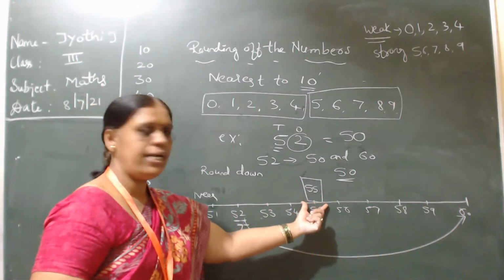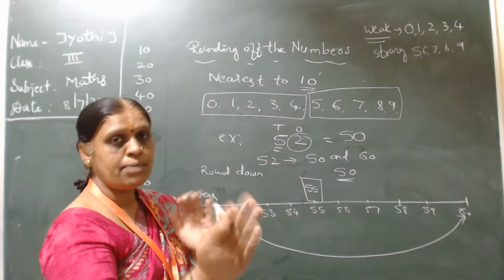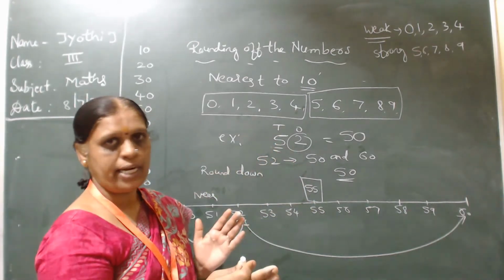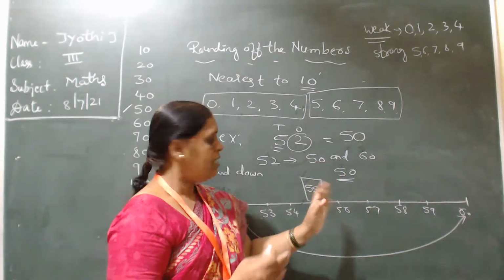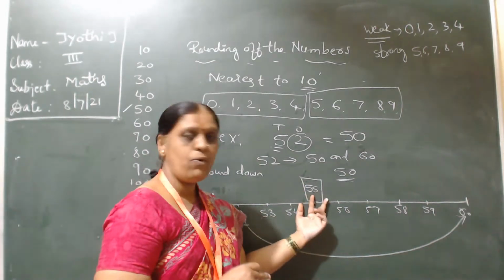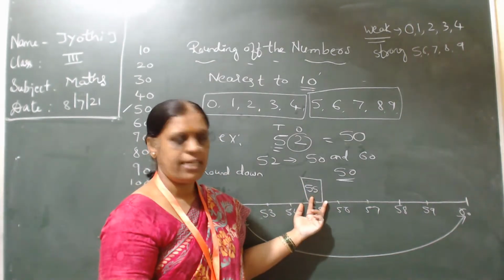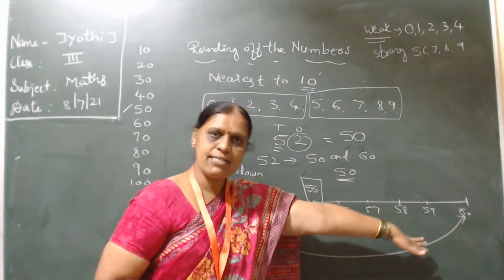Understand? So the middle number we have to see. The given number comes in between which tens, that you should understand first. Which tens it will fall in. Then you should see if that digit is less than 5 or more than 5. If it is more than 5, you have to go to the next tens.